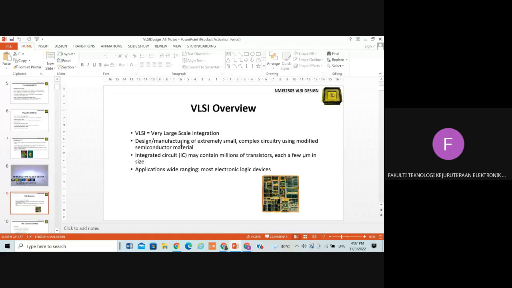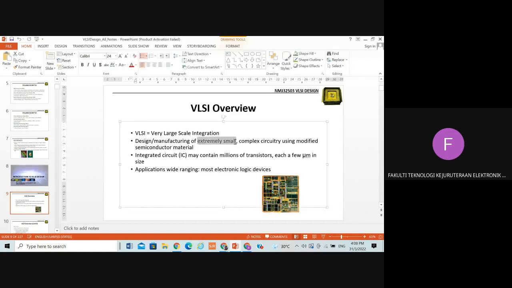The design or manufacturing of extremely small chips. So normally when we talk about VLSI, we are referring to extremely small chips, very small. Even your mobile phone, if you open it and check the processor inside, it's very small.